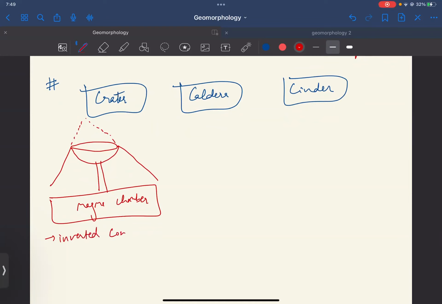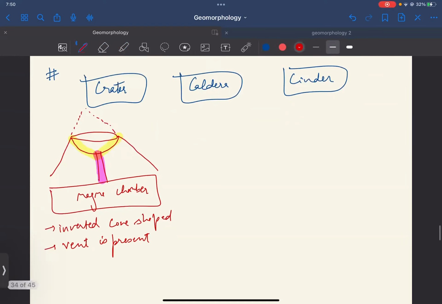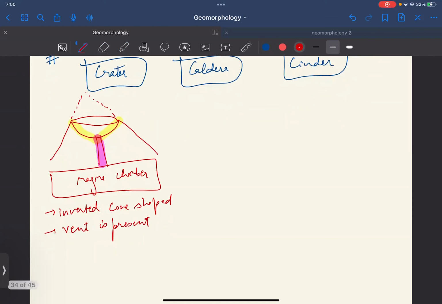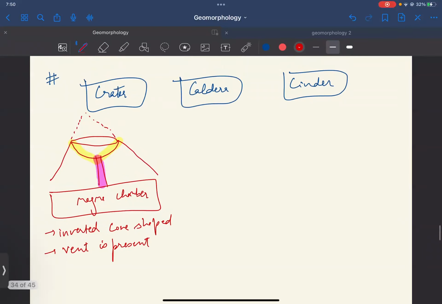Vent is present. यहाँ से magma आ रहा है, right? It is appearing like an inverted cone shape, or you can say depression shape. Depression is what gap create किया हुआ है हमने, hollow shape. So this is a simple crater.